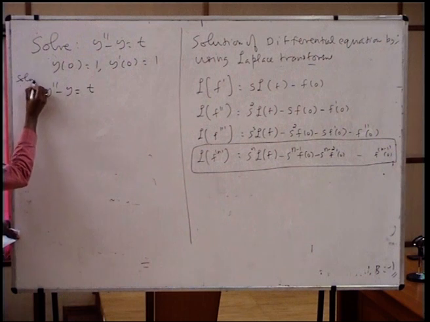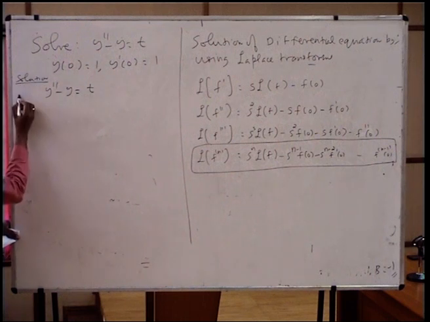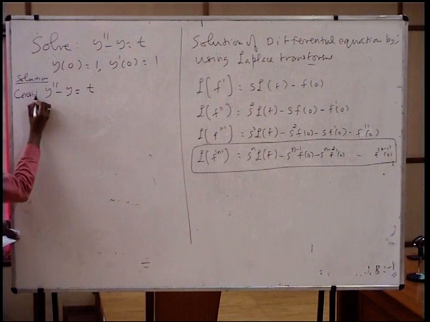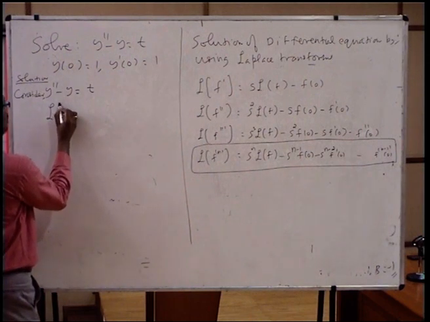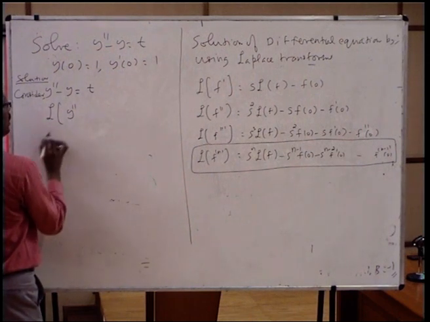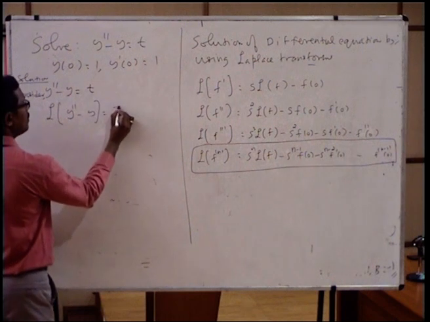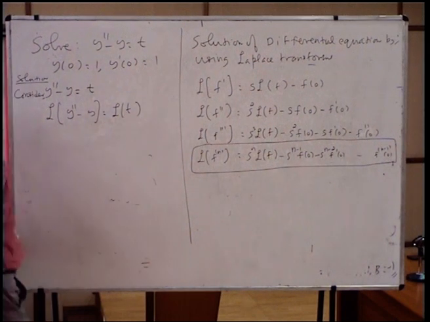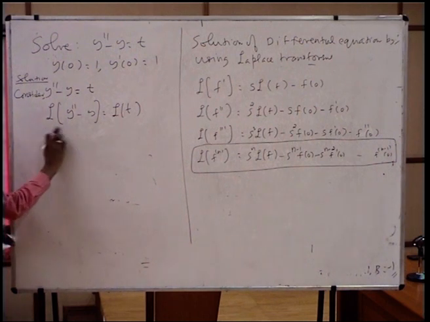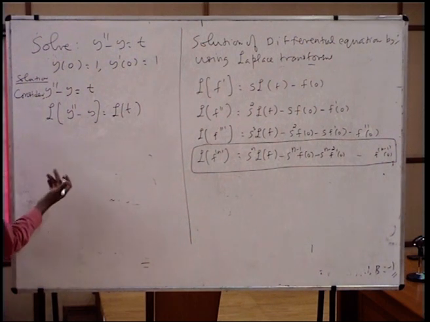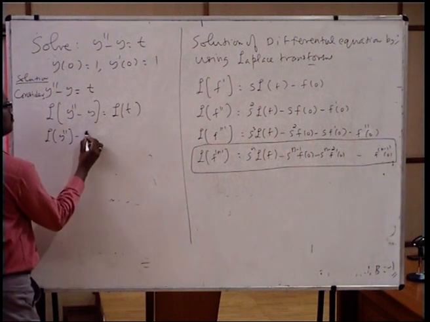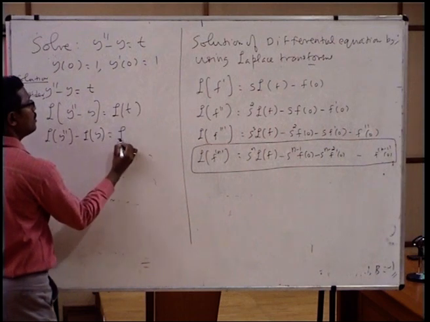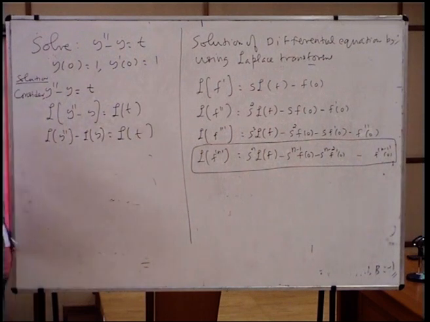Solution. For that, consider the given differential equation. Now take Laplace transform on both sides of this equation. Laplace transform of y double dash minus y equal to Laplace transform of t. And we know that it is linear, so it is Laplace transform of y double dash minus Laplace transform of y equal to Laplace transform of t.